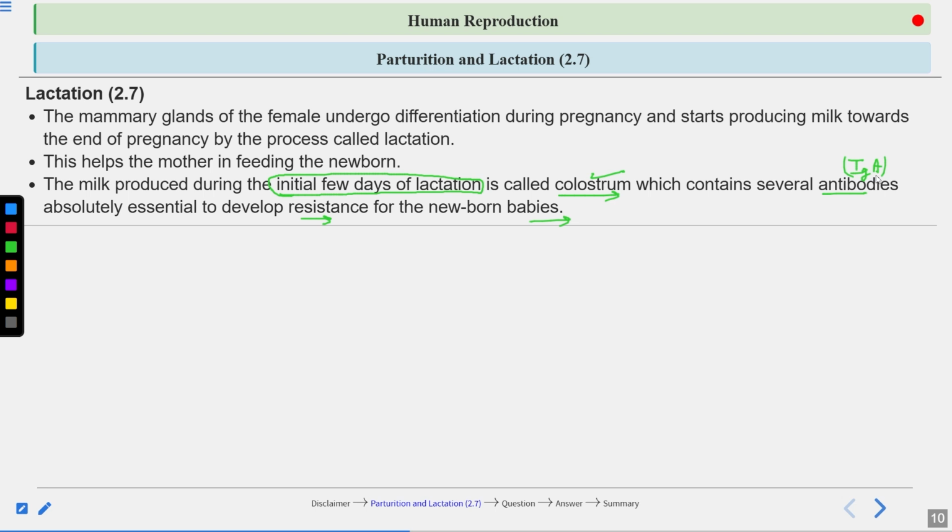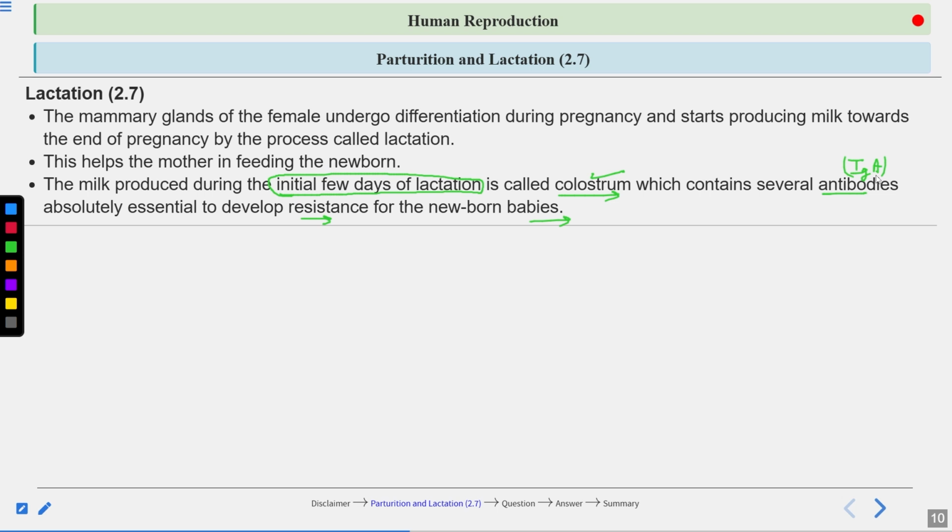Okay, clear? The composition of the mother's milk also changes to meet the demands of the newborn. Initially the nutrients and vitamins are more, and then after a few days the mother's milk becomes rich in fats as well.